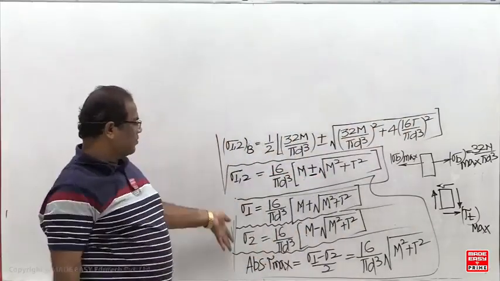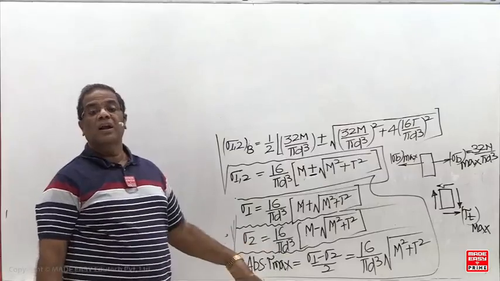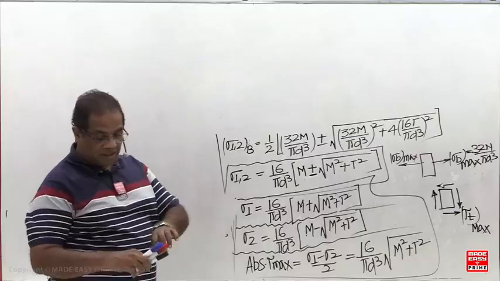So you can easily remember these equations. But they are all valid for solid circular or hollow circular. We have taken a solid circular. Now what is the generalized equation?